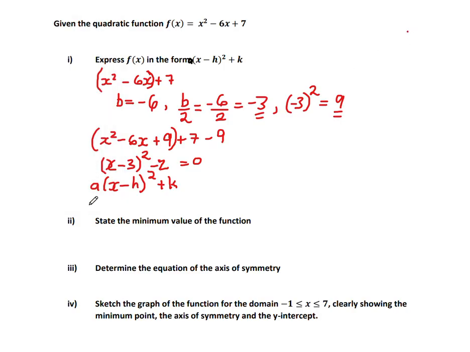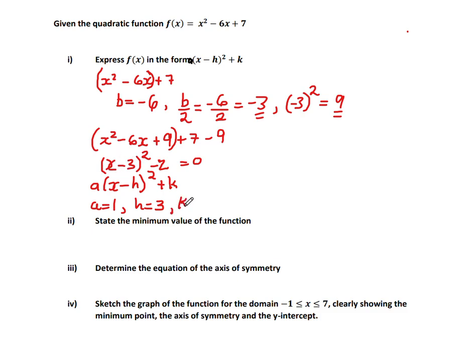So what we'll therefore do is write down the parameters here. We know that a is equal to 1. That is the coefficient of the parentheses here. We also know that h is going to be equal to 3 because 3 is subtracted from x.